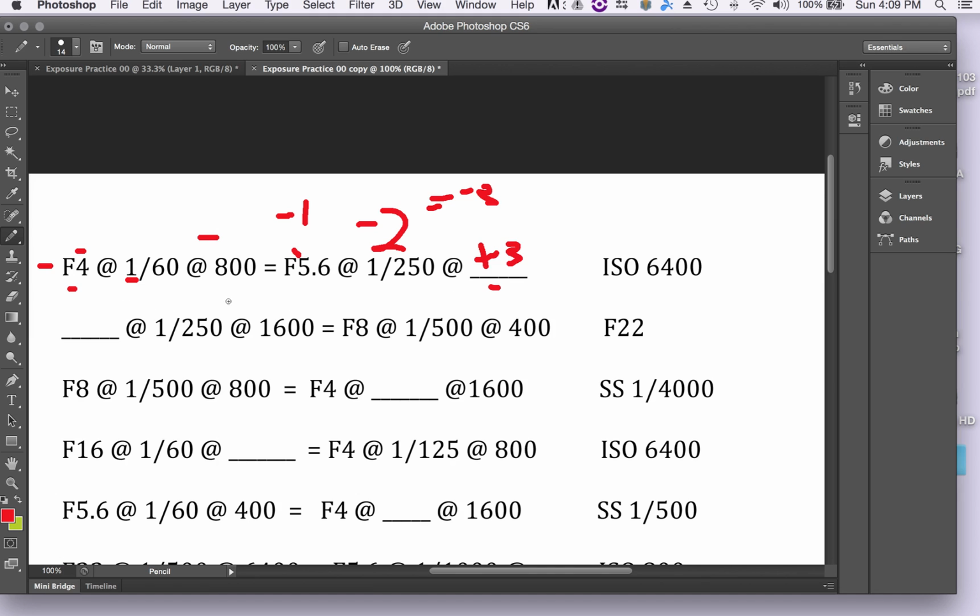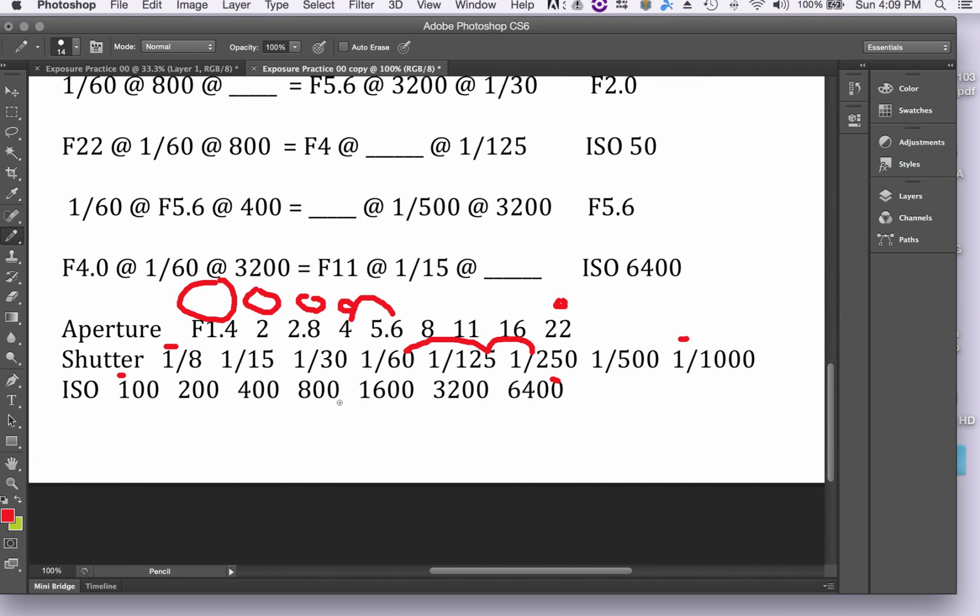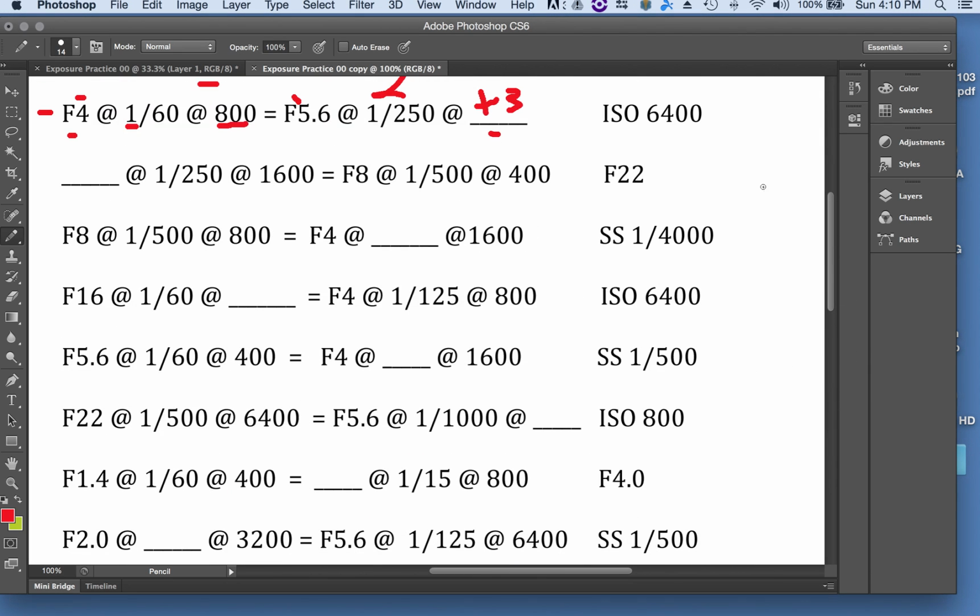So what's going to allow more light, more sensitivity in this case, because it's an ISO, by a factor of 3 from 800? If we go down here and we look at our chart, we take it 1, 2, 3, 6400. So our ISO is 6400.